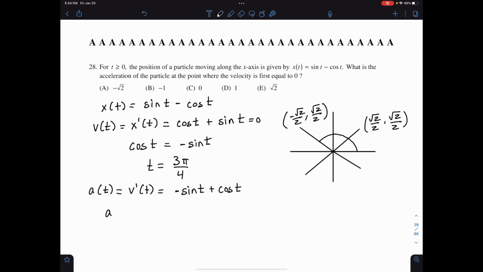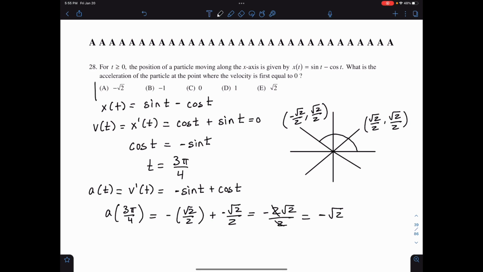Acceleration at 3 pi over 4 is equal to the negative of the sine value at 3 pi over 4, which we know is root 2 over 2. So it's negative root 2 over 2, plus the cosine value, which is negative root 2 over 2. So this gives us negative 2 root 2 all over 2, which gives us negative square root of 2. And that's our answer. Hey, perfect.